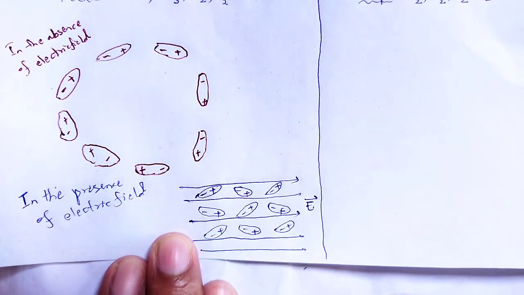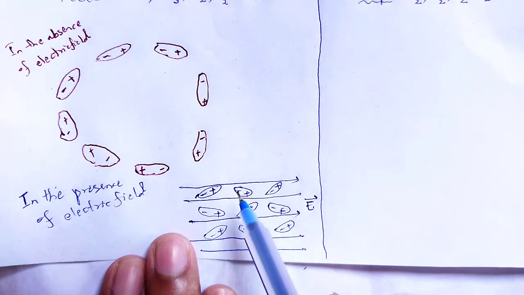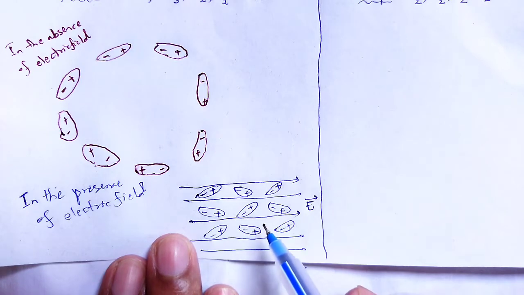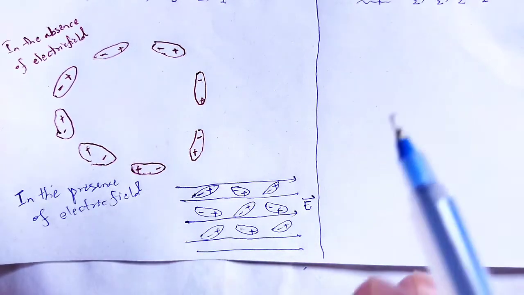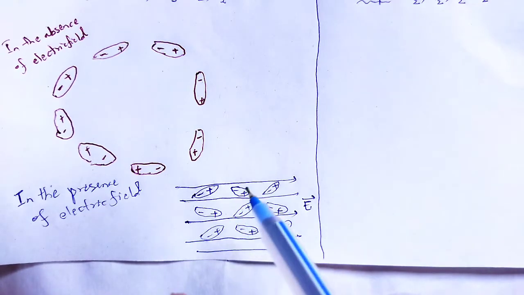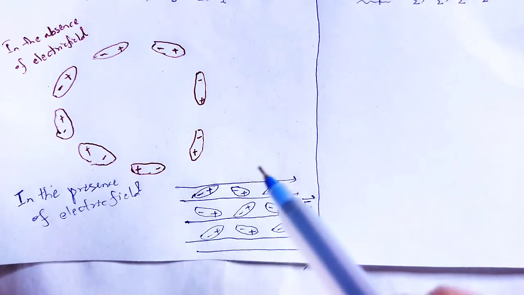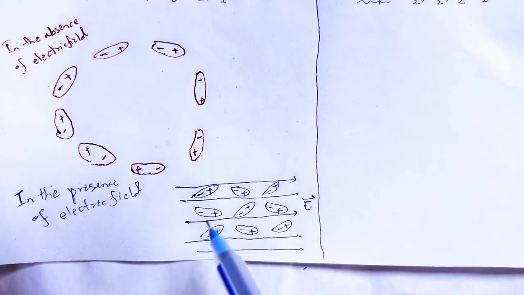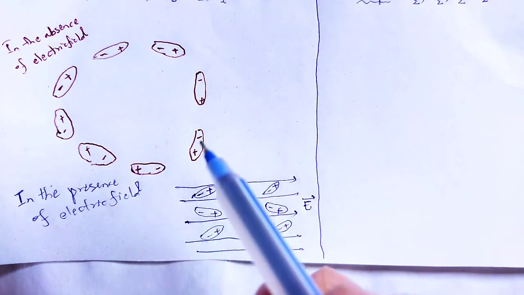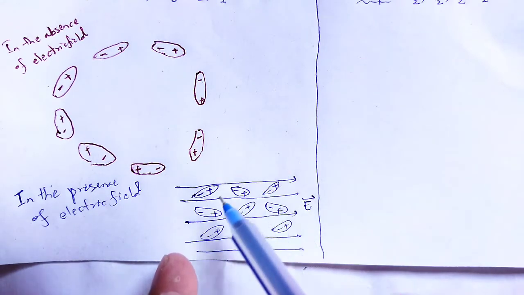But this tendency of molecules to align in the direction of the electric field is opposed by thermal agitation. As thermal agitation increases with increase of temperature, above 0 degree Kelvin only partial alignment takes place.